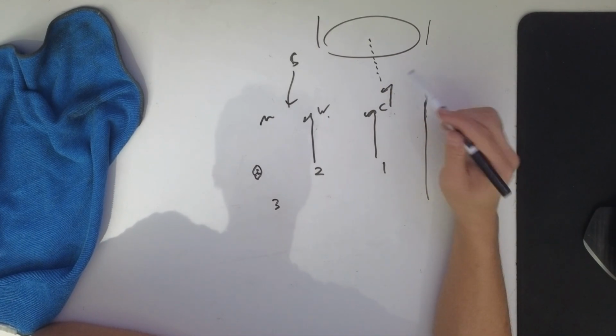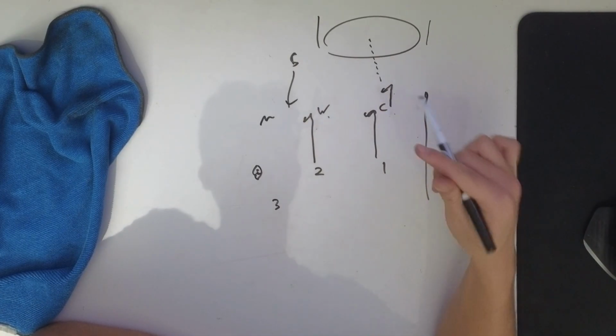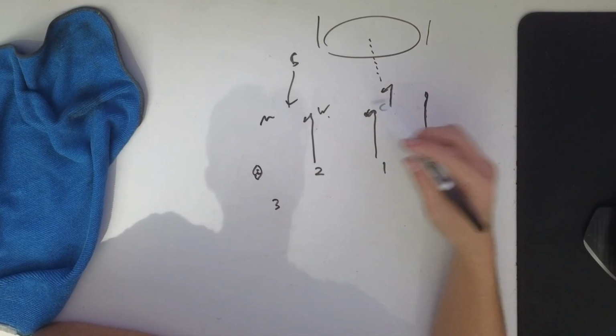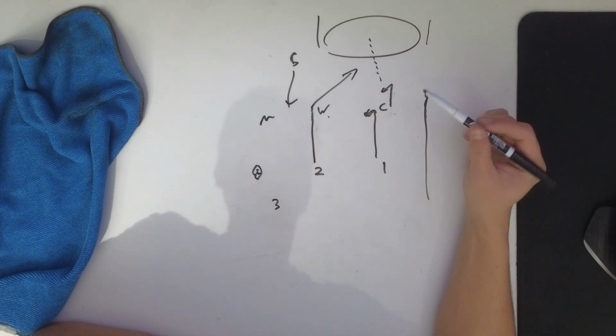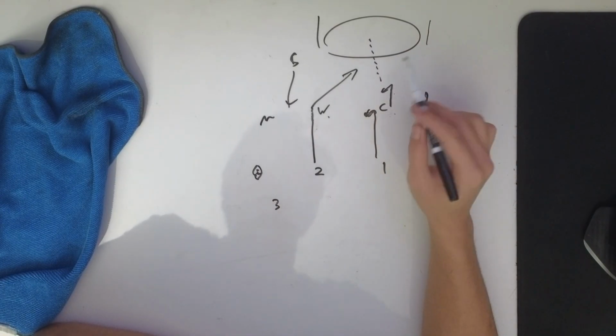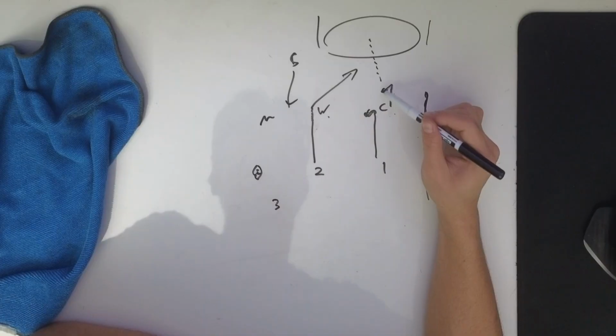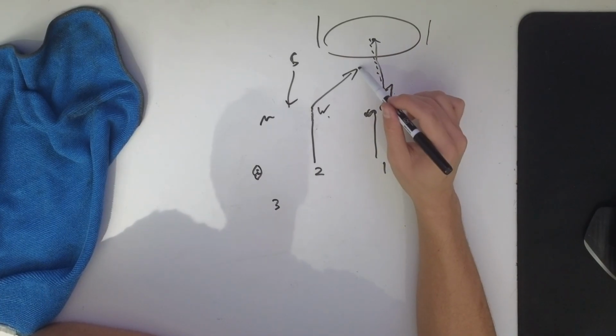But it's the same thing, I guess similar in cover 2, to where if this guy does like a hitch, which is like this route, and number 2 does a corner, then now you see that someone is actually coming into my zone. So I do need to actually drop back and get deeper than this guy.